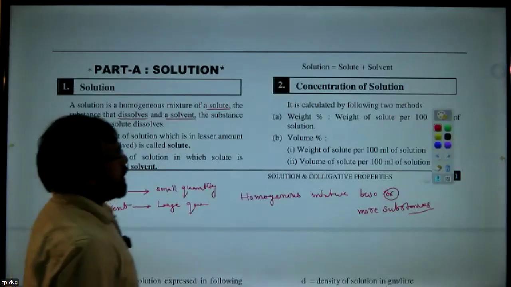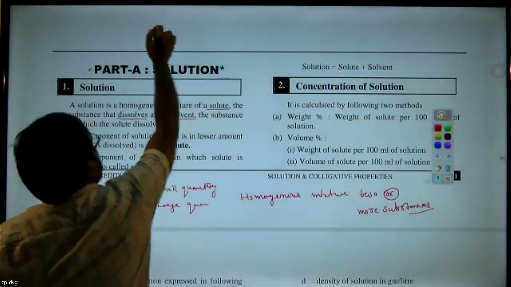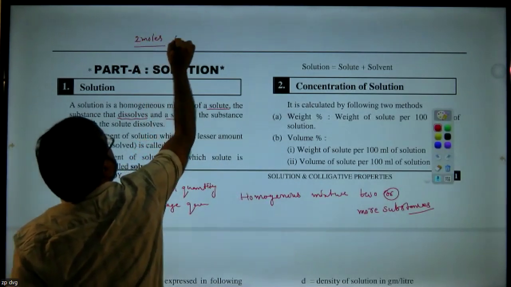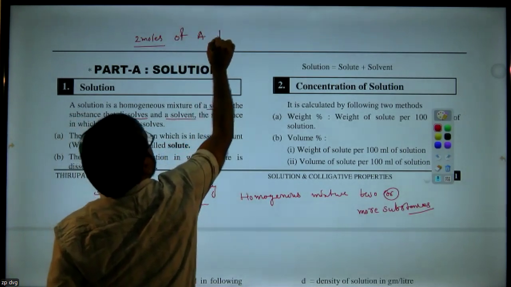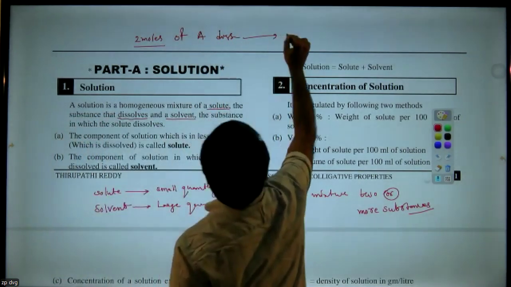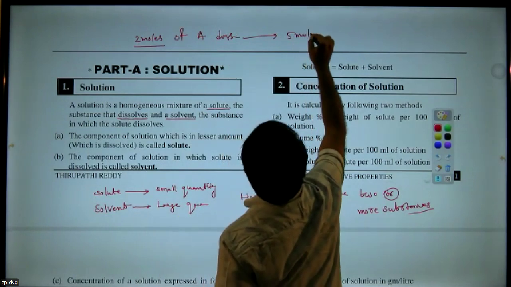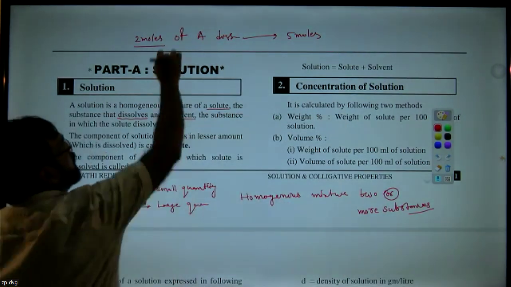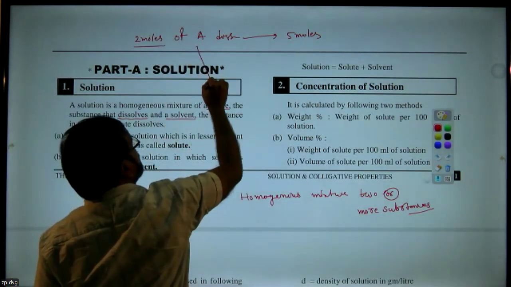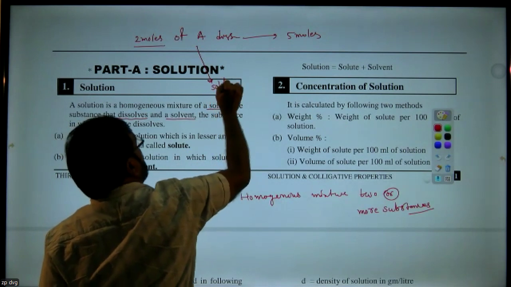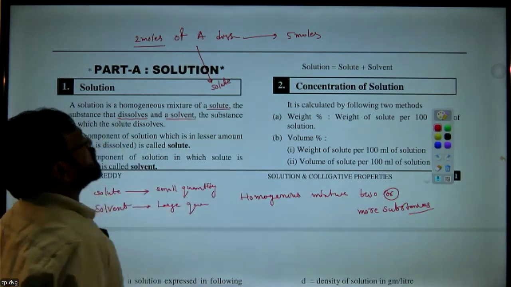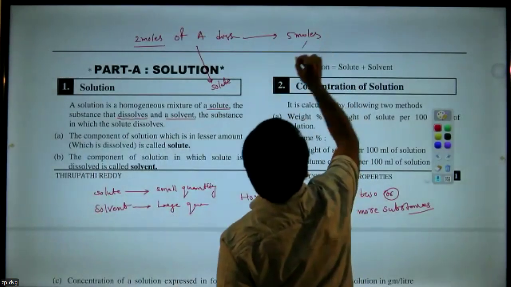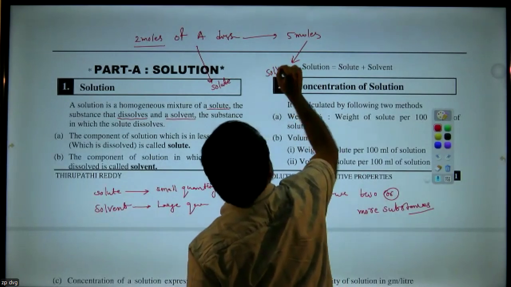For example, if we take 2 moles of A dissolved in 5 moles of another substance, then this 2 moles of A is known as solute because the quantity of the A substance is lower and the quantity of the B substance is higher. That is the reason it is called as solvent.